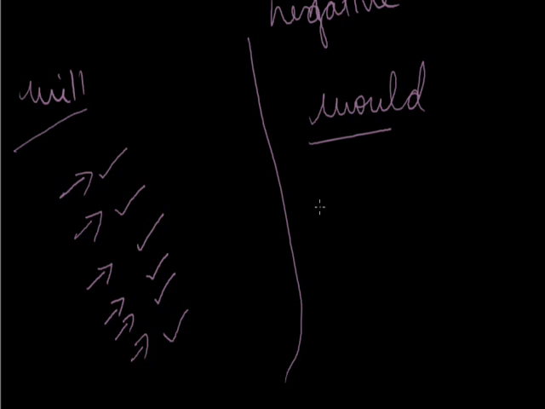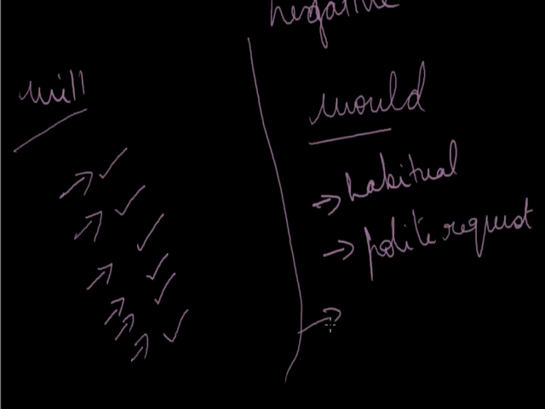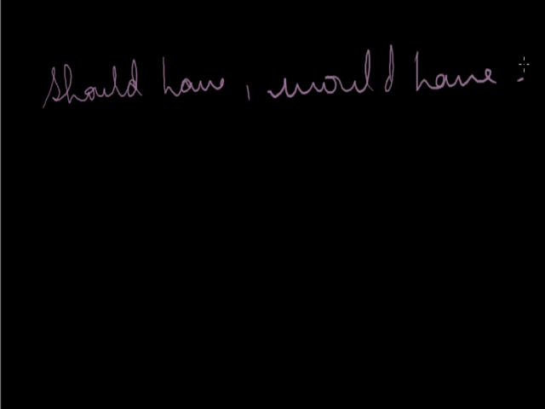Would is the past tense of will and is often used as an auxiliary to indicate a custom or habitual action, a polite request, an estimate, doubt and refusal. Should have and would have. When should is used with have and a past participle, it means it was the right thing to do but was not done.